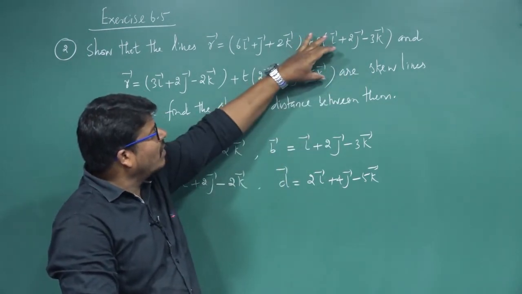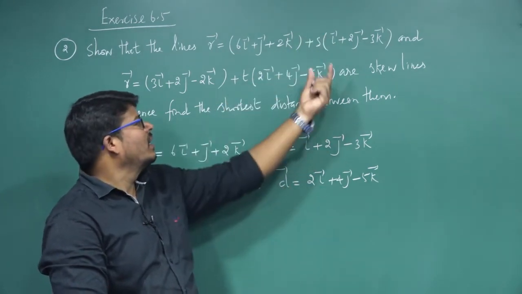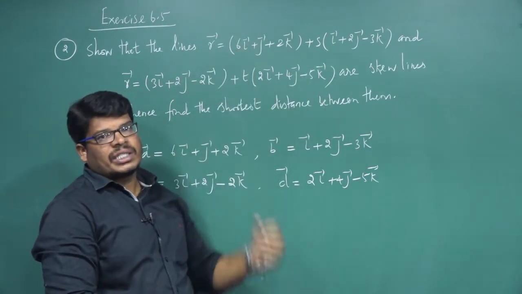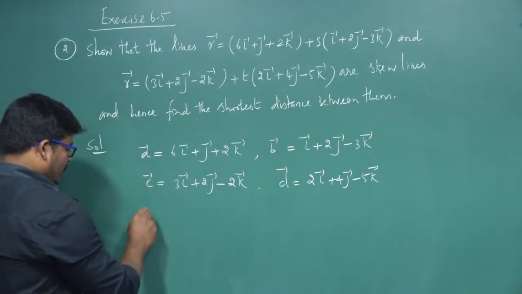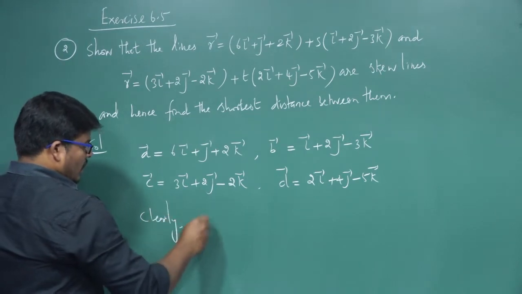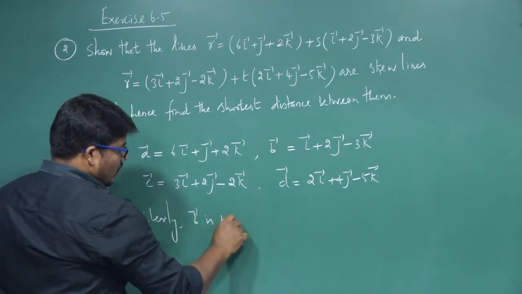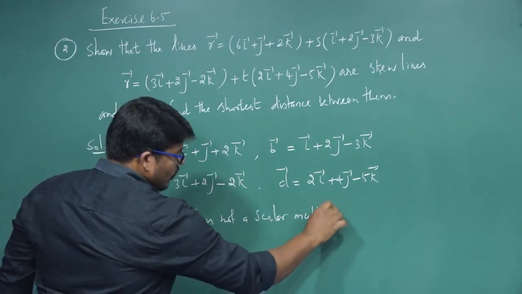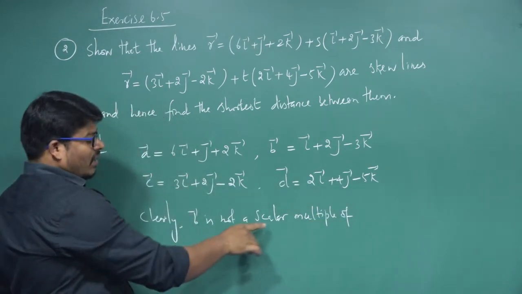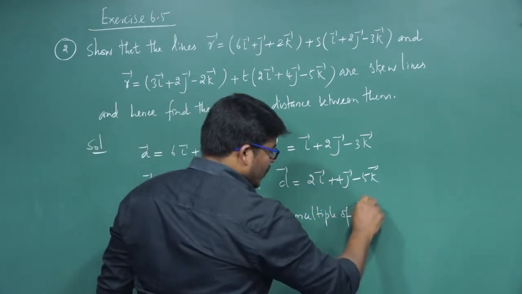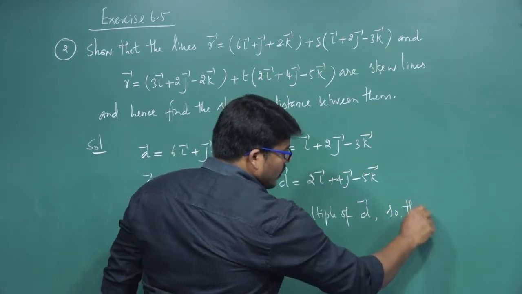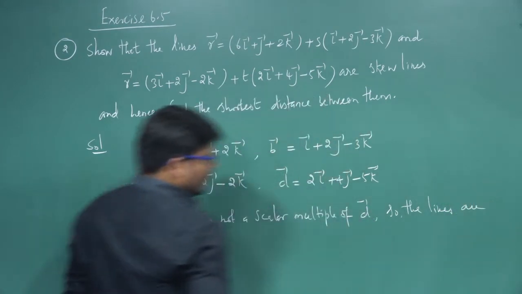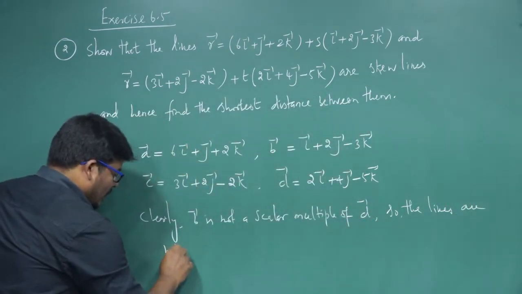So the two given lines are not parallel, therefore the given two lines are skew lines. Clearly, B vector is not a scalar multiple of D vector, so the lines are not parallel.